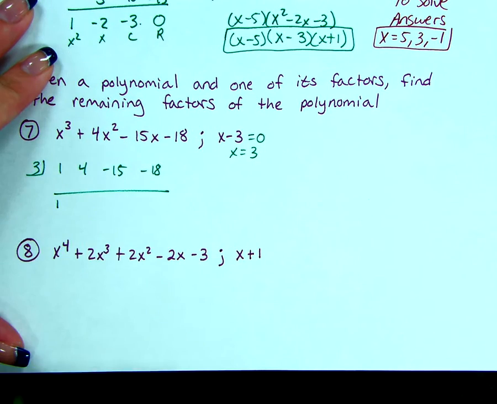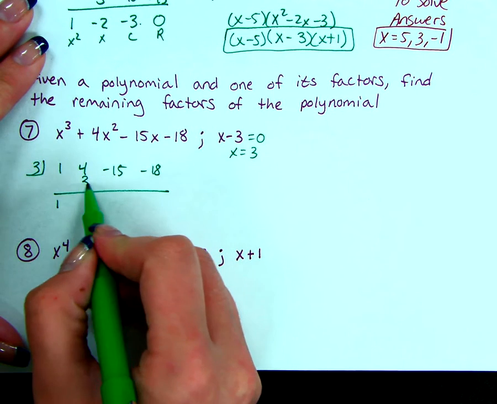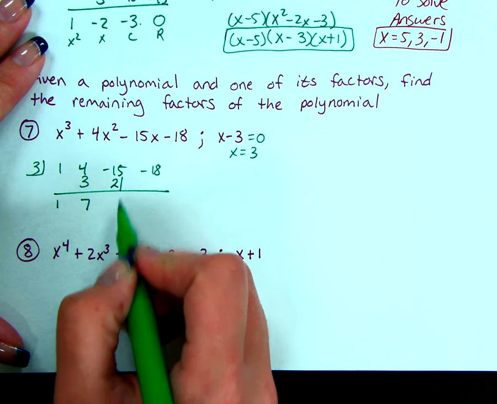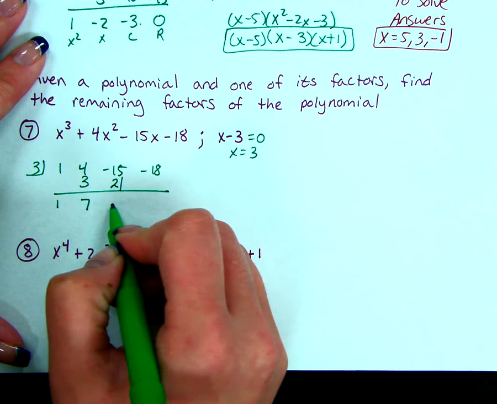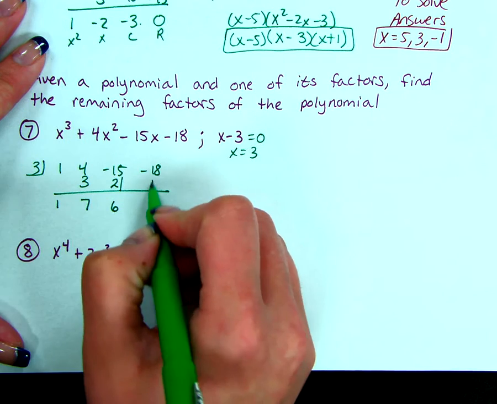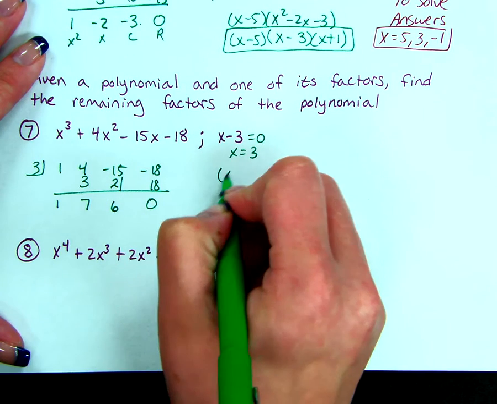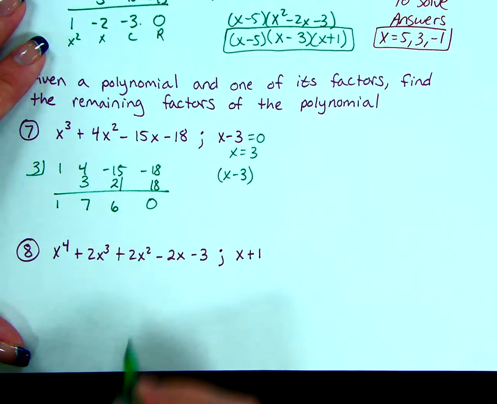So bring down the 1. 3 times 1 is 3. Add to get 7. 3 times 7 is 21. Add to get 6. 3 times 6 is 18. Add to get 0. So yes, that is a factor. So right now we have x minus 3.